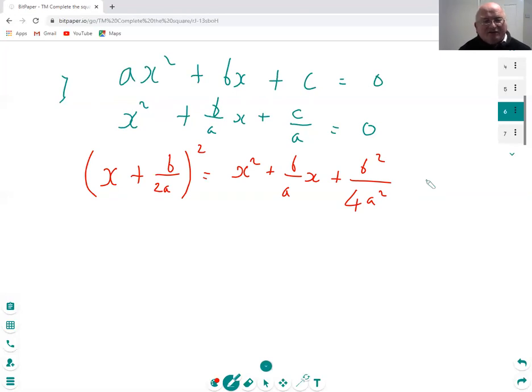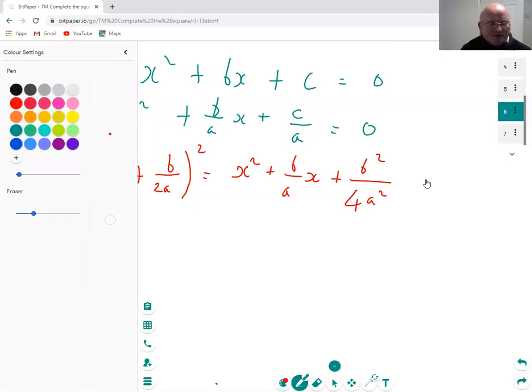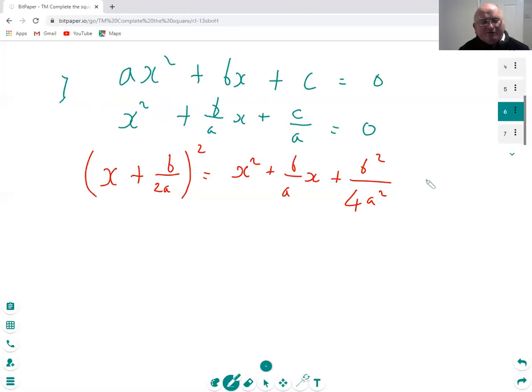So this is where we then compare what we got from this expansion with what we've got here. This is where I'm going to change back to green and carry on solving the equation. So what we've got here is two things we're going to compare. And this bit expanded equals all of that.